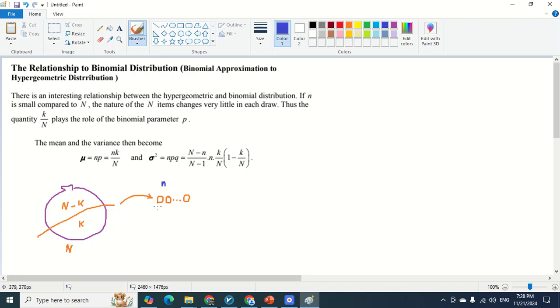So here we have two cases for each draw, one of them determined by the success with the probability of p, and the other one with q.